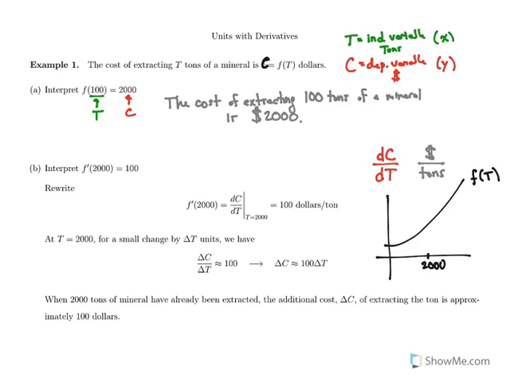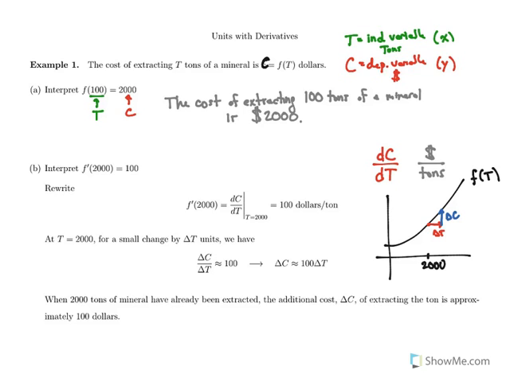At 2,000, if I go over delta T units, I'm going to go up delta C units.